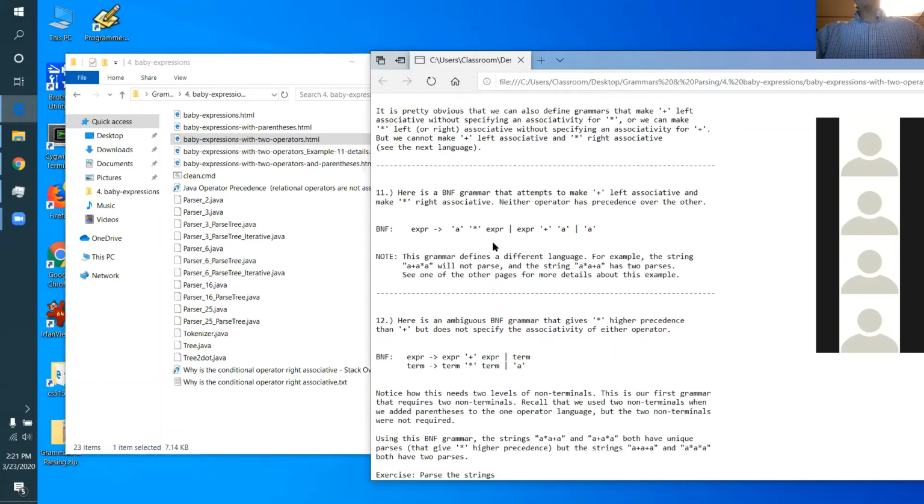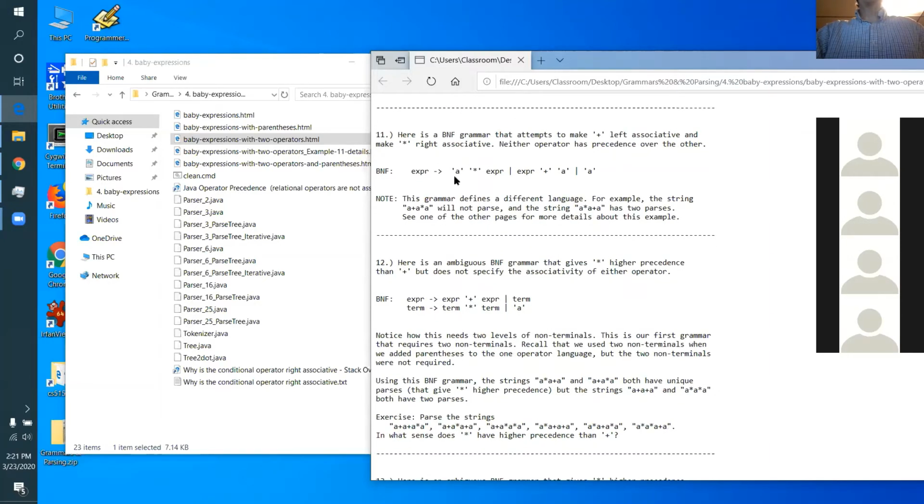Now here's another attempt at something interesting. This one makes multiplication right associative and addition left associative. This actually changes the language.